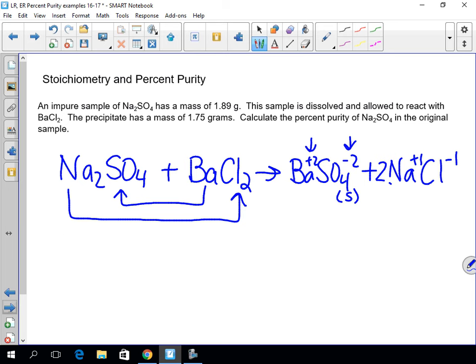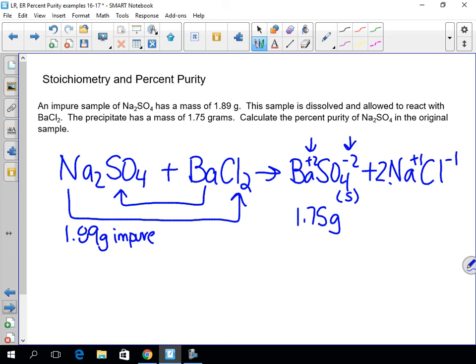And we have 1.89 grams of impure sodium sulfate. So it's not 1.89 grams of sodium sulfate, it's 1.89 grams of some sodium sulfate and something else is present. But we know when we do this reaction that we absolutely come up with 1.75 grams of barium sulfate.